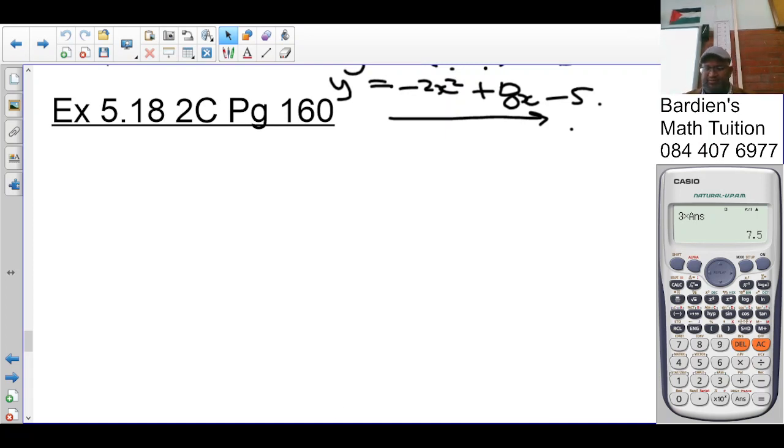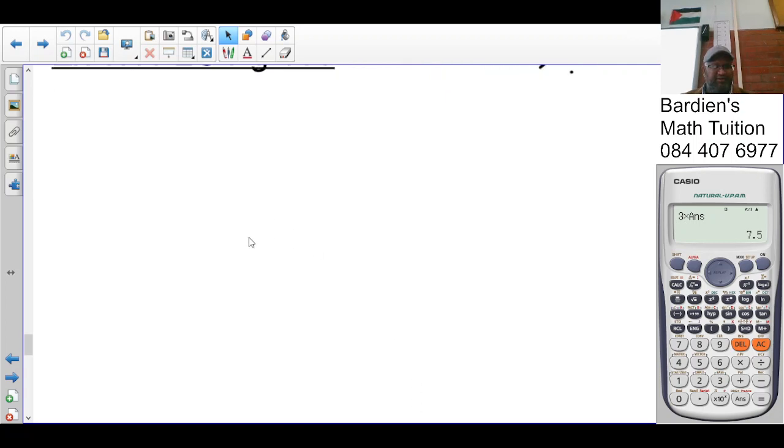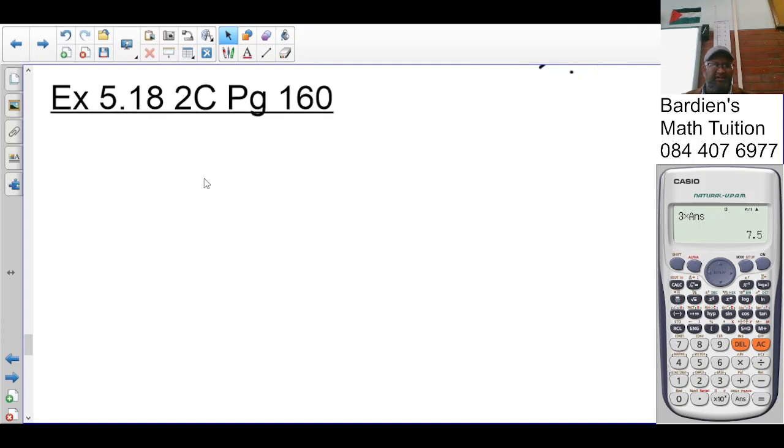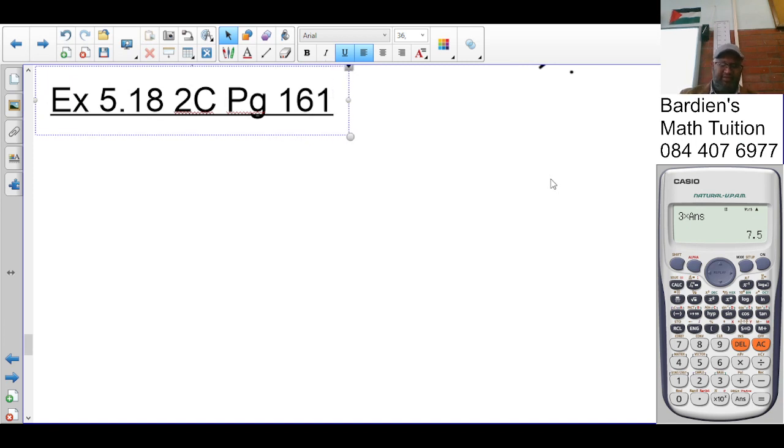No other issues? So it's only 3D, and this is on page 161. Is that correct?